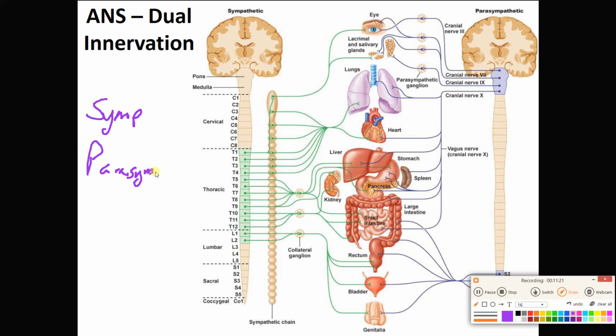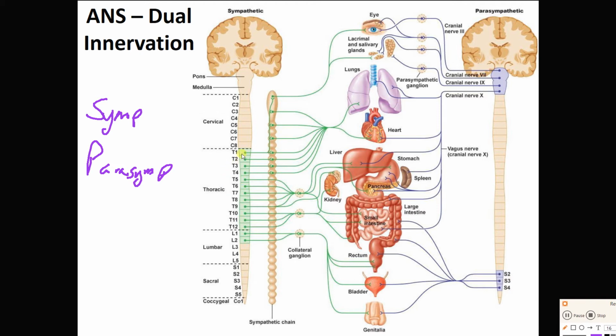And they're showing you the pathway of how we get from the CNS to all of these organs. Notice how the sympathetic pathway, we got neurons coming out of the spinal cord, T1 all the way down to L2. For parasympathetic, we got neurons coming out of the brainstem, as well as spinal cord S2 to S4.